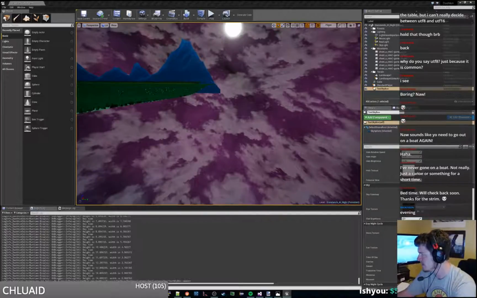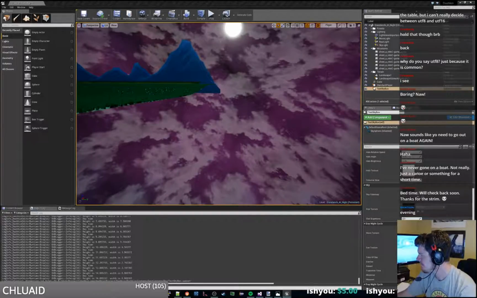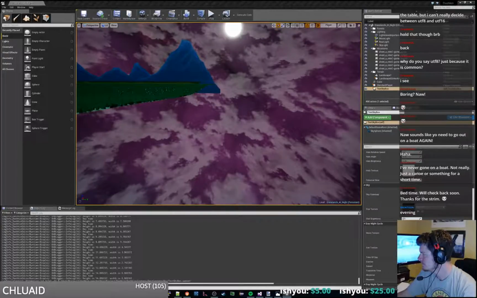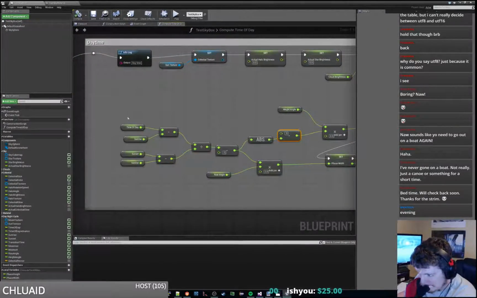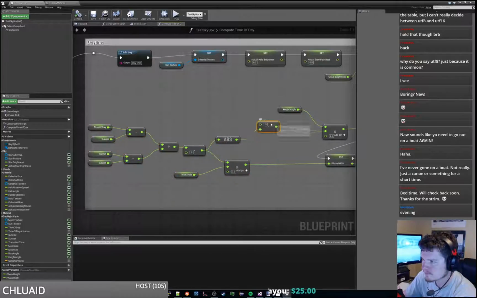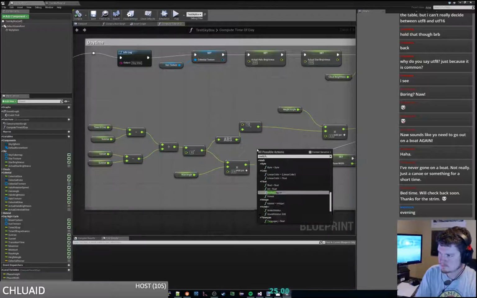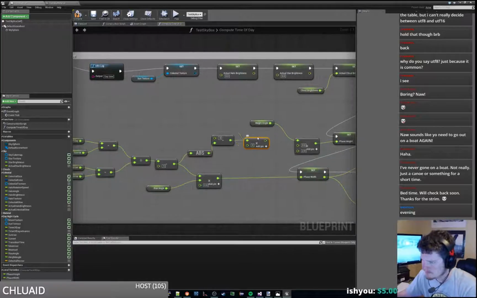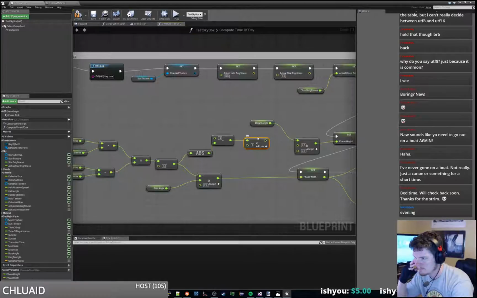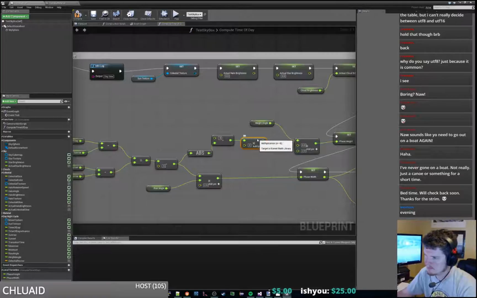So if I just multiply the phase height by itself, so if we multiply it by 2, then this is going to go from the absolute value, it's going to go from 0 to 1. And we want to multiply it by itself.